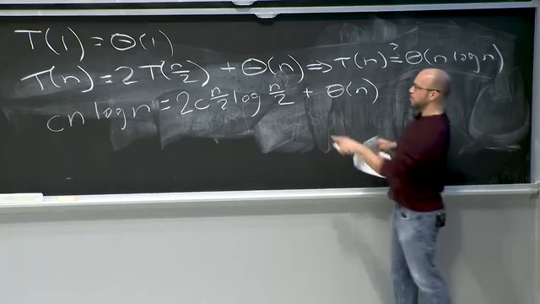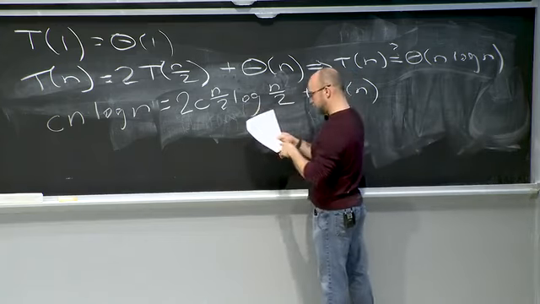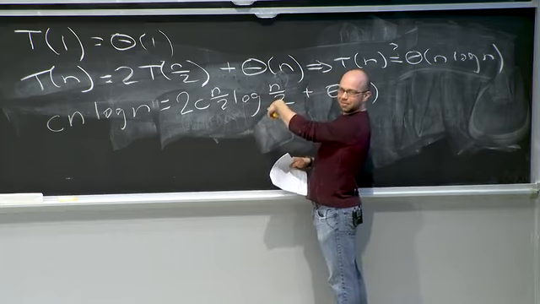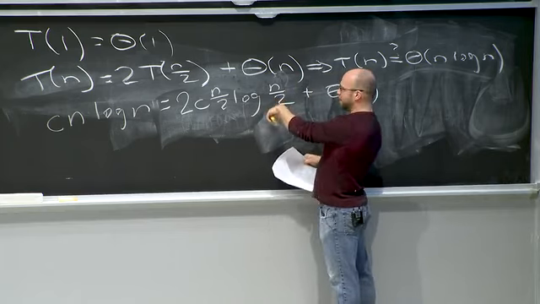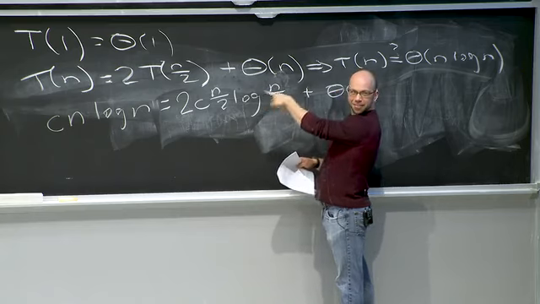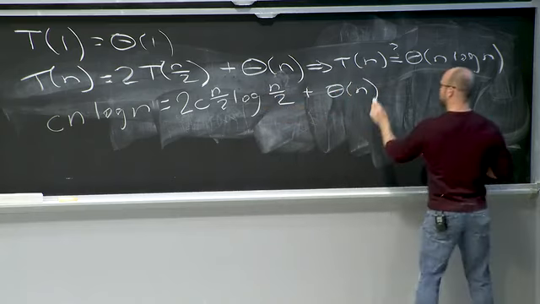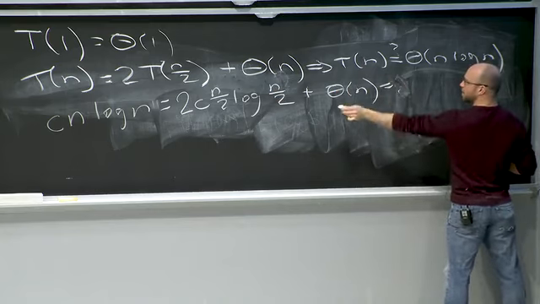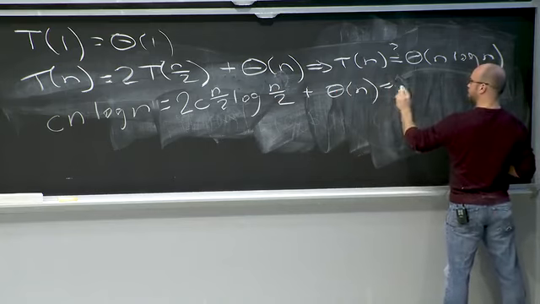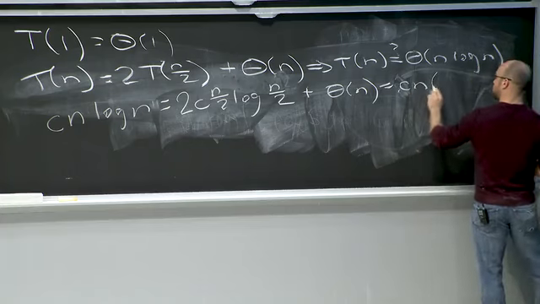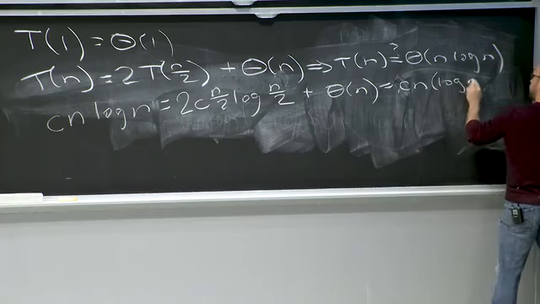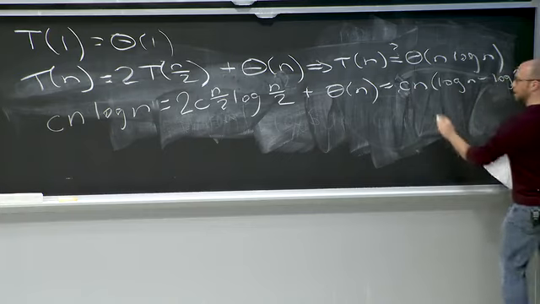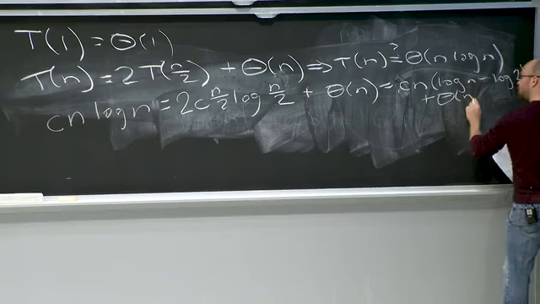Okay? So remember, if we use our favorite identities from high school class that you probably forgot, remember that log of 2 things divided by each other is the difference of the logs? Right? So this is really 2 divided by 2 is 1. So this is c times n times log n minus log of 2, plus theta of n.